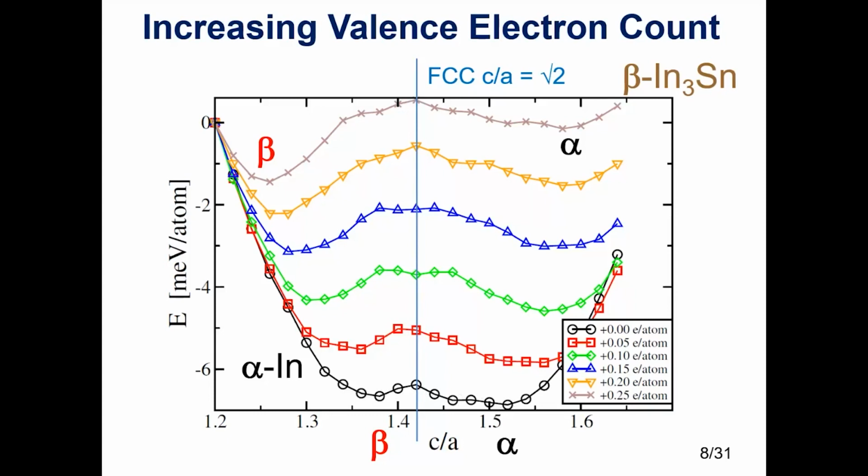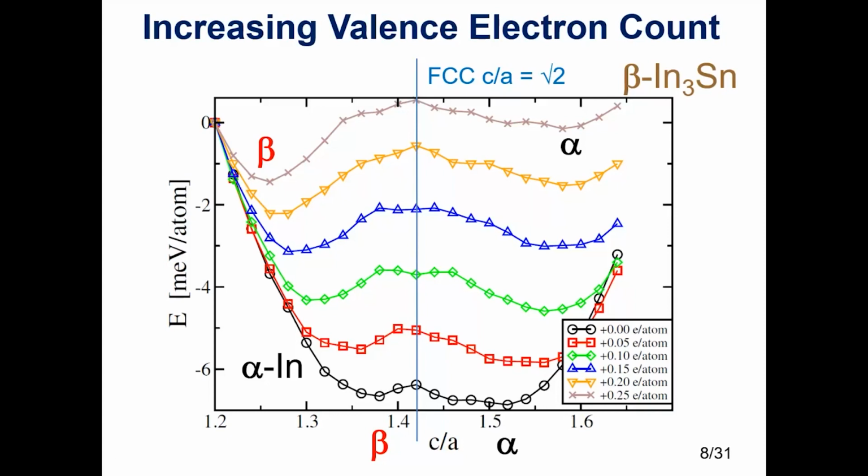But now we can start increasing the number of electrons. In the VASP code, you can simply specify that the pseudopotential is the pseudopotential for indium, but the valence electron count is whatever we choose to make it.